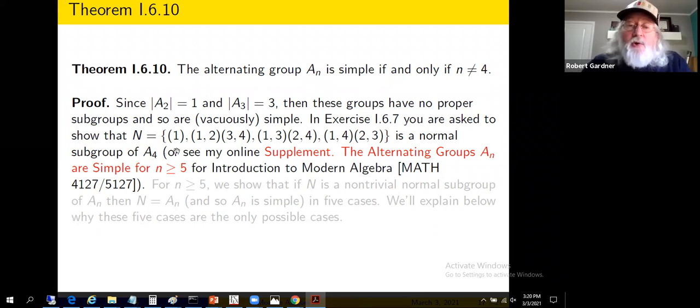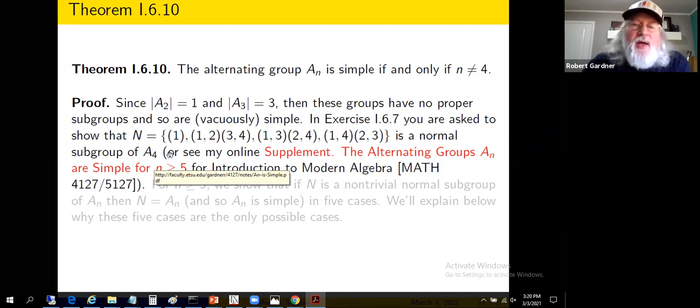Proper normal subgroup. It's got 4 things in it, and A sub 4 is of order what? 4 factorial over 2. Order 12. So here you have a subgroup of order 4 and a group of order 12. And it's a normal subgroup as to be shown in the exercise. So it's just checking details.